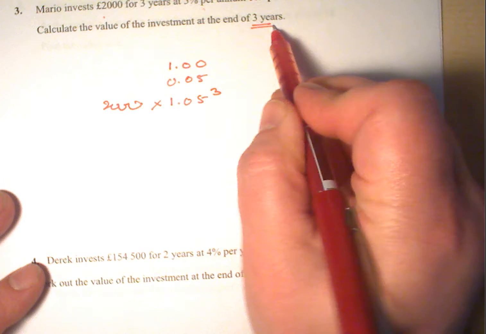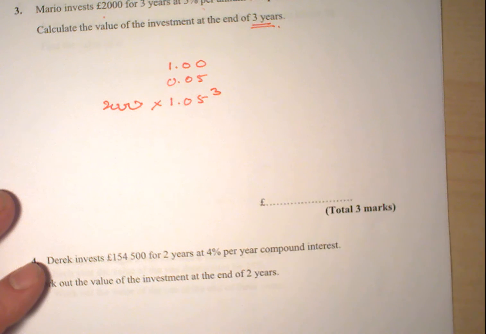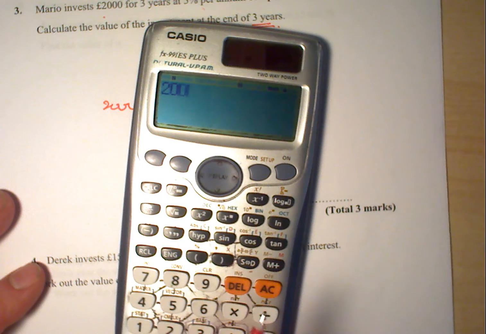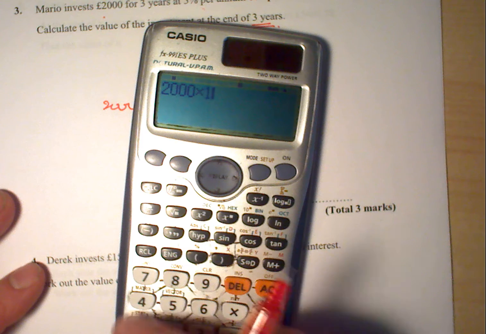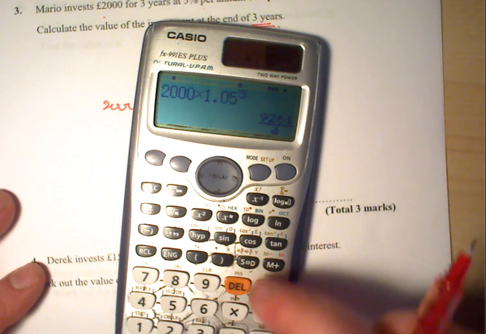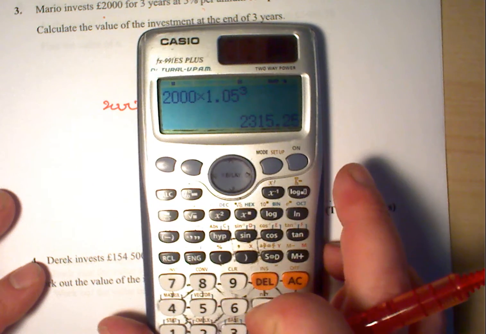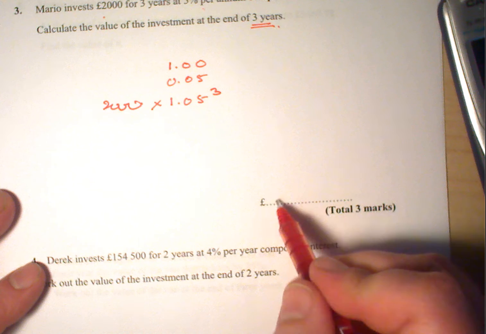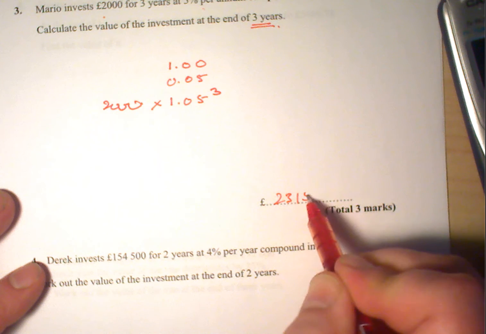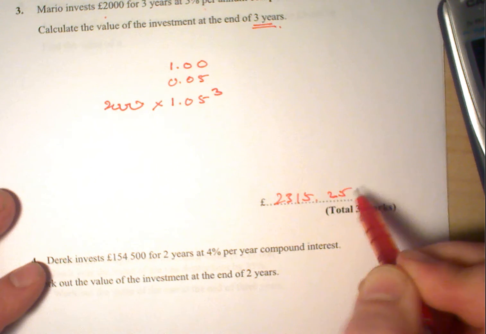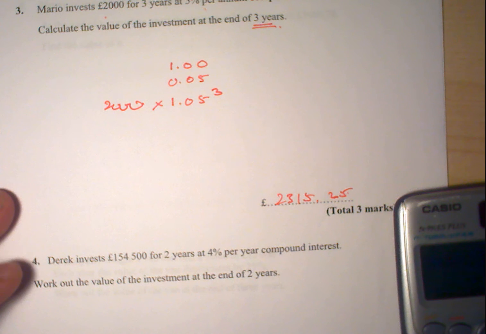So it's to the power 3. And just put that into the calculator. 2,000 times 1.05 to the power 3 gives me 2,315 and 25p.